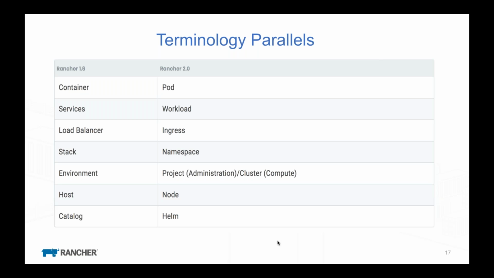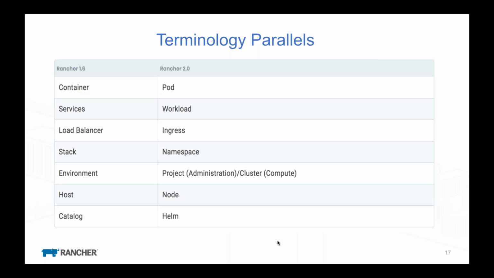The load balancer of Rancher 1.6, for typical uses of HTTP, HTTPS load balancing, gets mapped to the Kubernetes ingress. In 1.6, the users used to group their services under stacks. For that, in 2.0, you can group your workloads under namespaces, which is also the Kubernetes native entity.